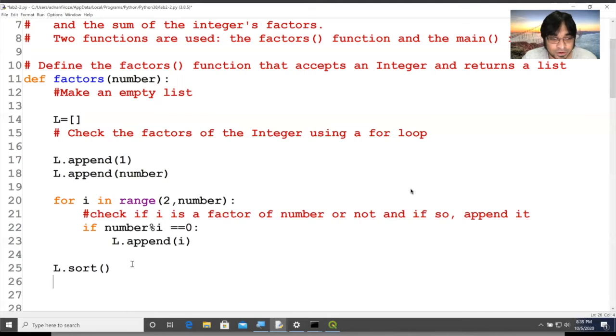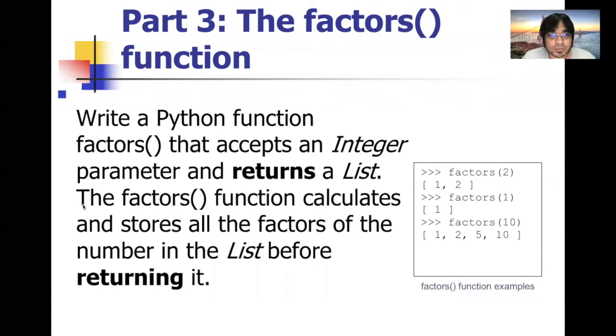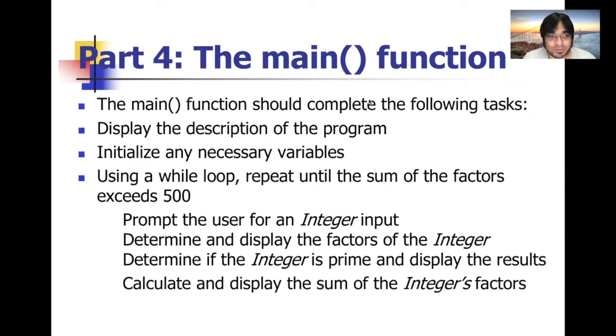That's gonna sort it, and we'll return L. All right. I'm sorry. The thing is, you could have done it without using the clever math technique I did, but it's always fun doing it in a slightly different manner.